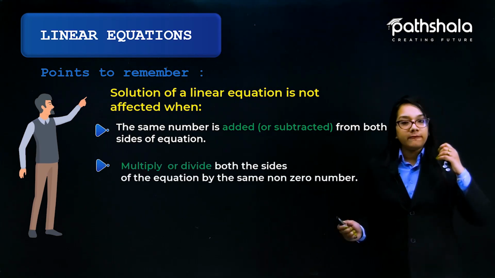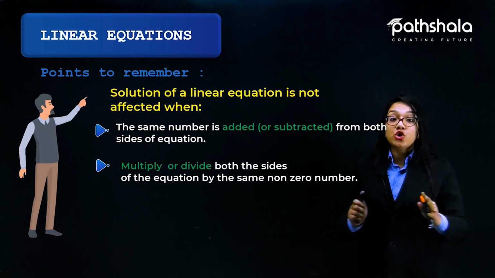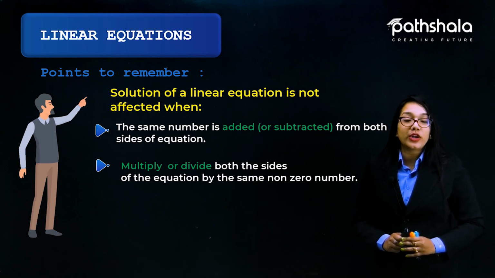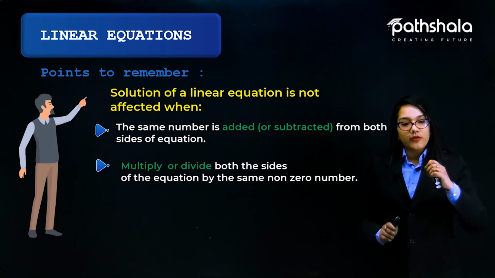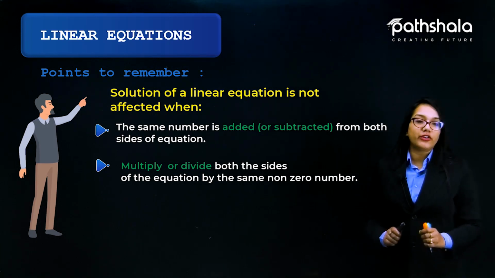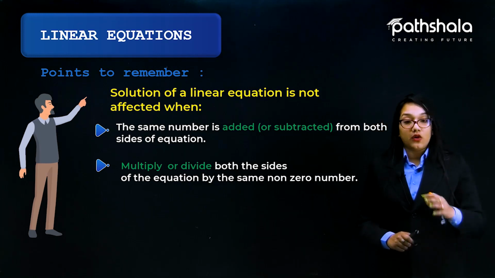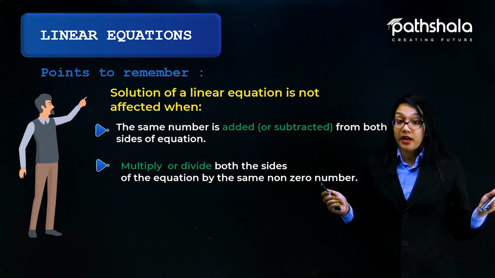Furthermore, when we multiply or divide both sides of the equation by the same non-zero number, again the solution of the linear equation will not be affected at all. So always remember, if we add or subtract the same number from both sides of the equation, the solution remains unaffected.